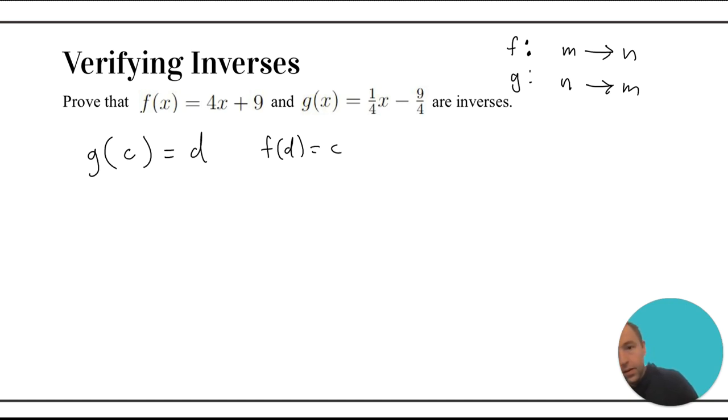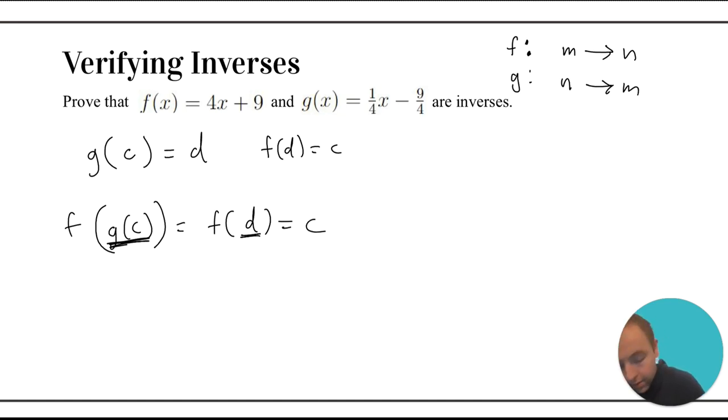But then if we were to do g of c, which we know is d, and put that into f, that would be equivalent to f of d, which is equal to c. Which then means that this element that we plugged into g first, and then that g of c got plugged into f, just resulted in c. That would actually just verify that the functions are canceling one another out. And so function composition, plugging functions into functions, can actually verify that things are inverses.